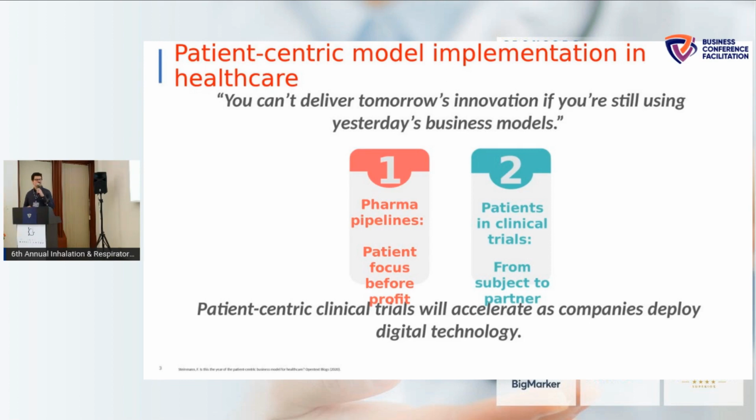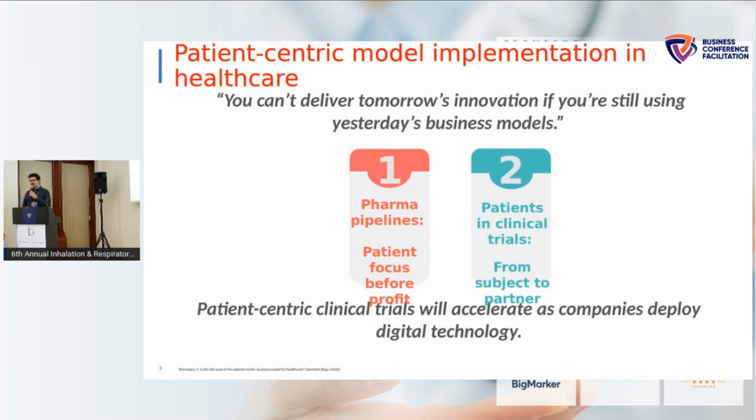So instead of looking at the patients as subjects that we use in our clinical trials, we can look at the patient as a partner that is working together with us. The patient contribution and their feedback are really important and can give a lot of valuable information to the pharmaceutical industry in order to be successful on those programs clinically.